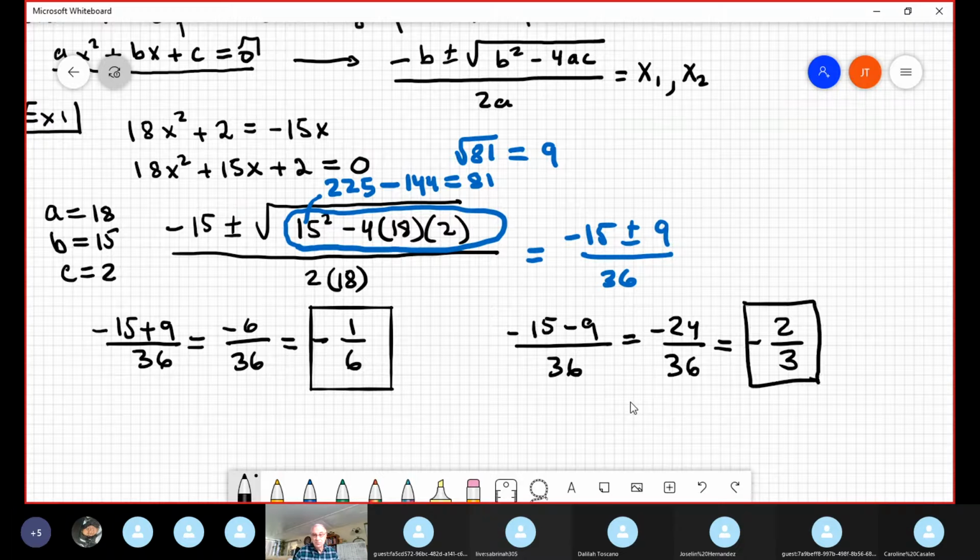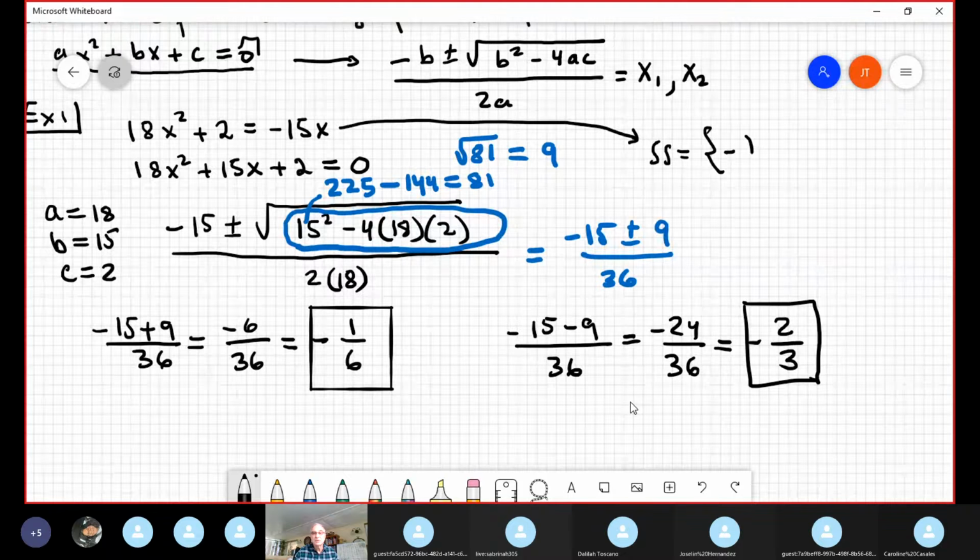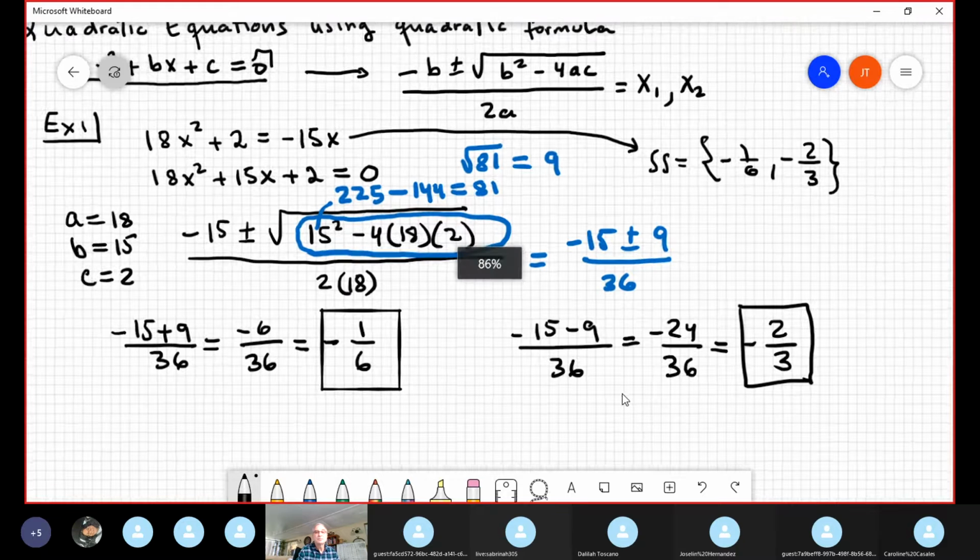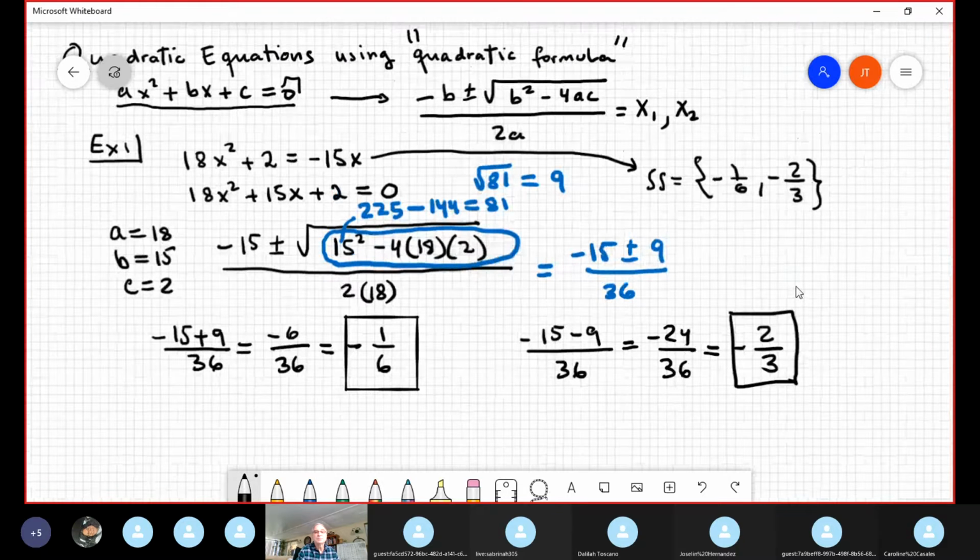Okay, so the solution set for this equation, it doesn't matter the order, is negative 1 over 6, comma, negative 2/3. Two solutions. Any questions, guys? Confusing, clear, easy?